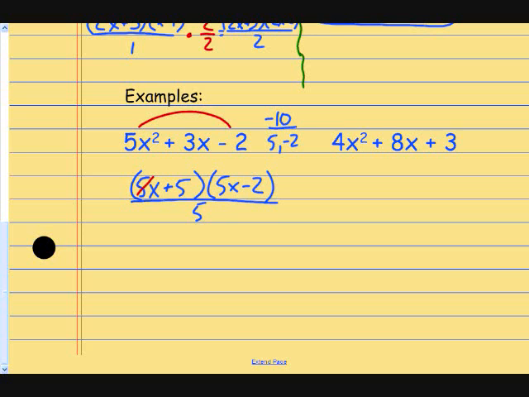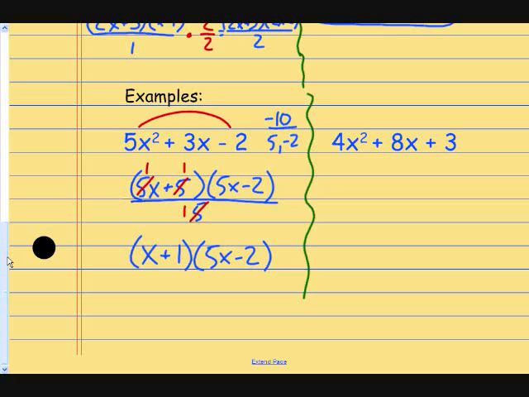When I divide this first binomial by 5, it cancels and leaves me with an x plus 1 over 1. So my two factors here are the x plus 1 and the 5x minus 2. All right? And mathematically, again, that works because I'm essentially multiplying by a 1 over 1 and then canceling out where I can to get rid of that denominator.